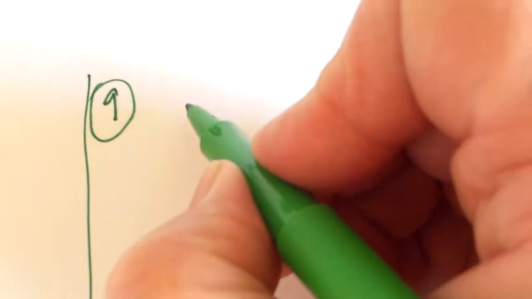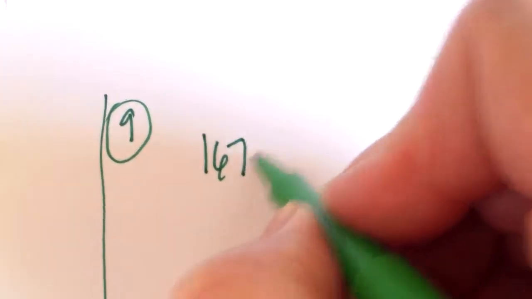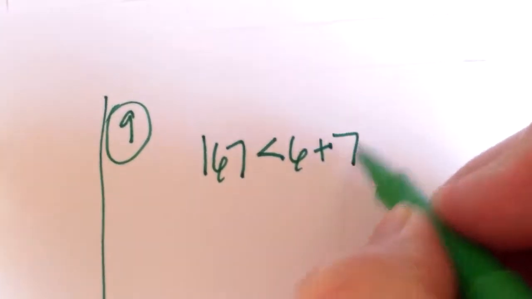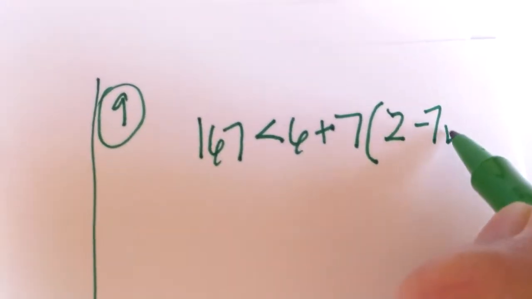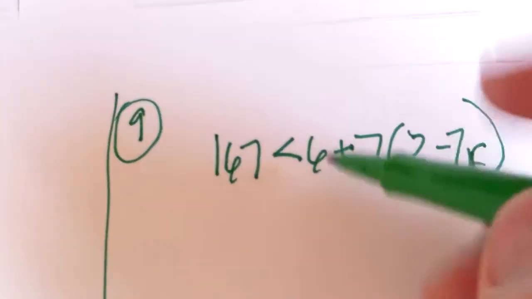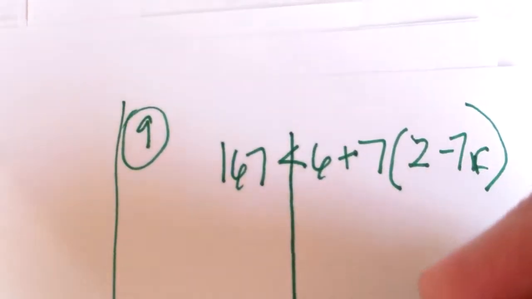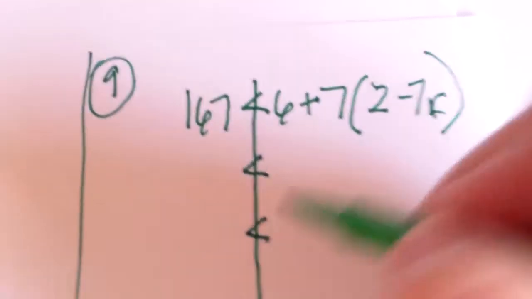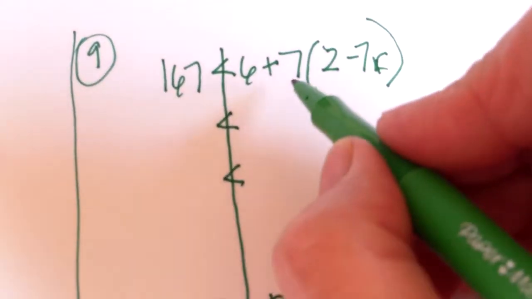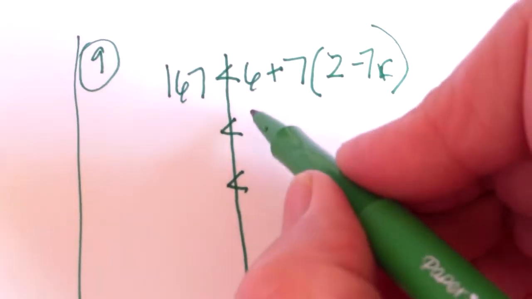Number 9 says 167 is less than 6 plus 7 times 2 minus 7r. Okay, line, fish hook, random rule, distribute a positive 7. Go ahead and bring that 6 down.